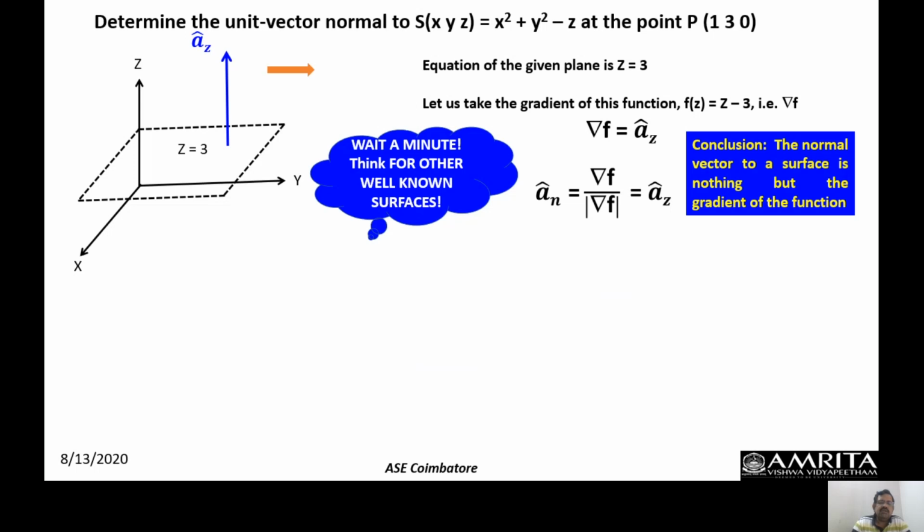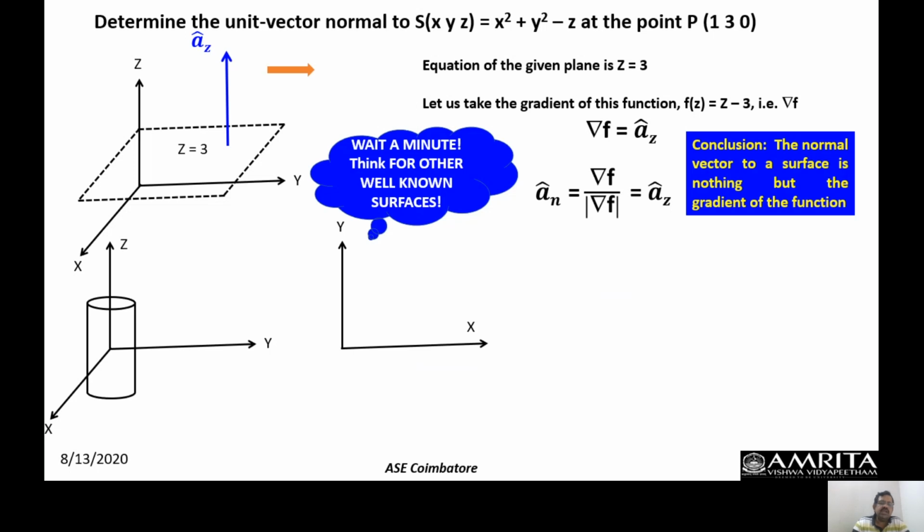Another example which I am going to take: let us superimpose a cylindrical material on the XYZ coordinates. If I look at the curved surface of the cylinder and take only that cross section, I am going to get a circle, and that circle I am going to represent like this.